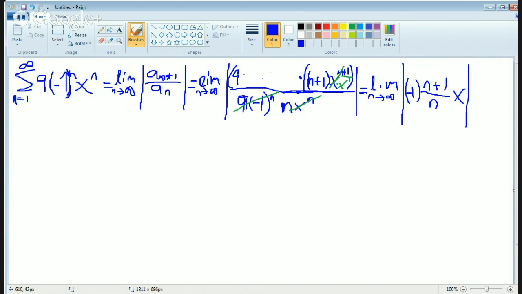So it's 9 times -1 to the power of n plus 1. I did that because I wanted to expand it.